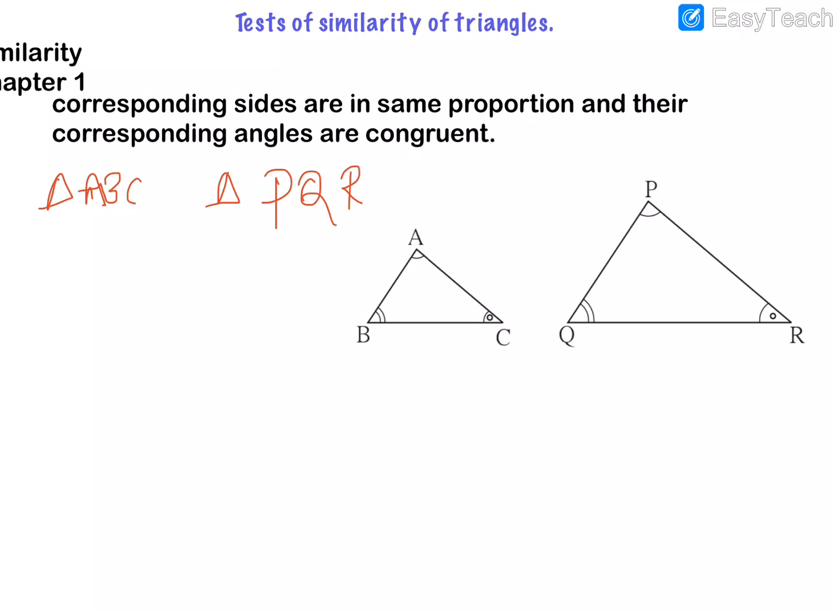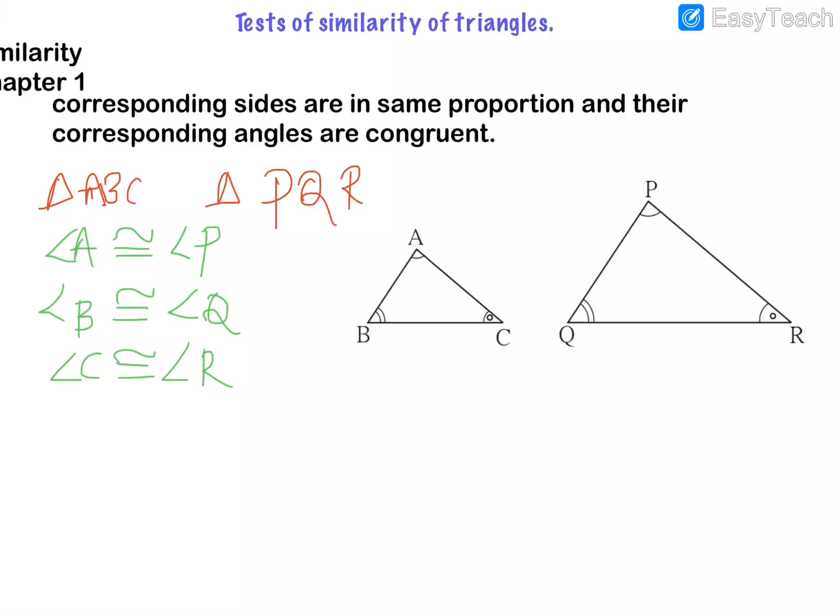So we can write here: angle A congruent to angle P, angle B congruent to angle Q, angle C congruent to angle R. Now we can look at the corresponding sides.